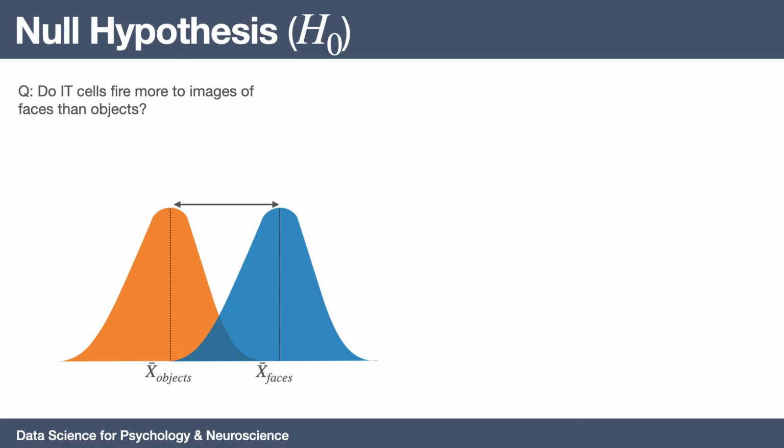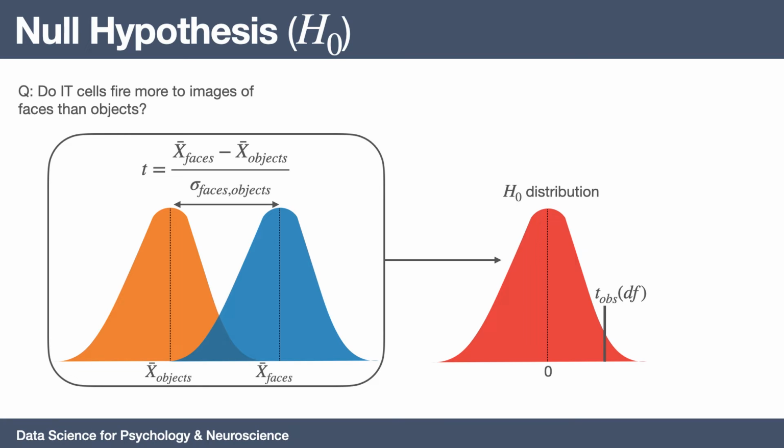Now, the way that you would evaluate this typically with more traditional statistics would be to calculate a t-statistic: take the means, take the differences of the means, divide by the average standard deviation. And that would give you a statistic that you can evaluate against a hypothetical null distribution of these differences.